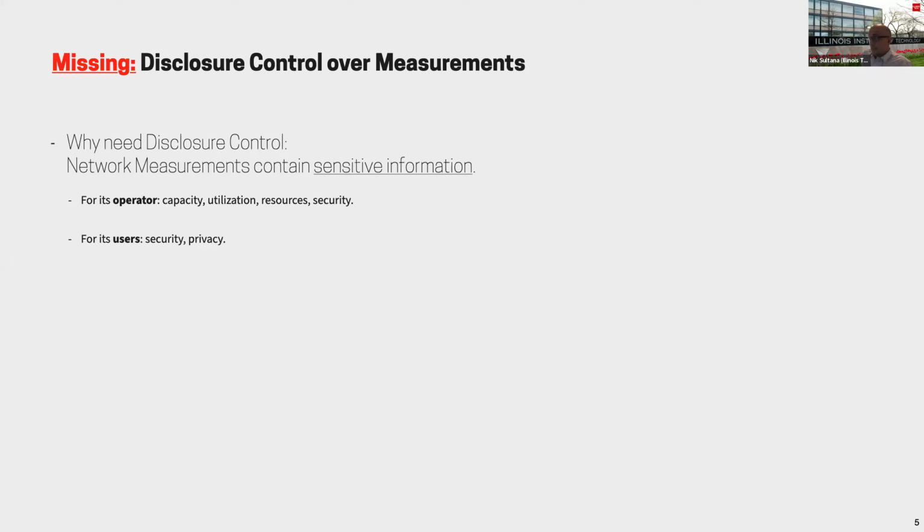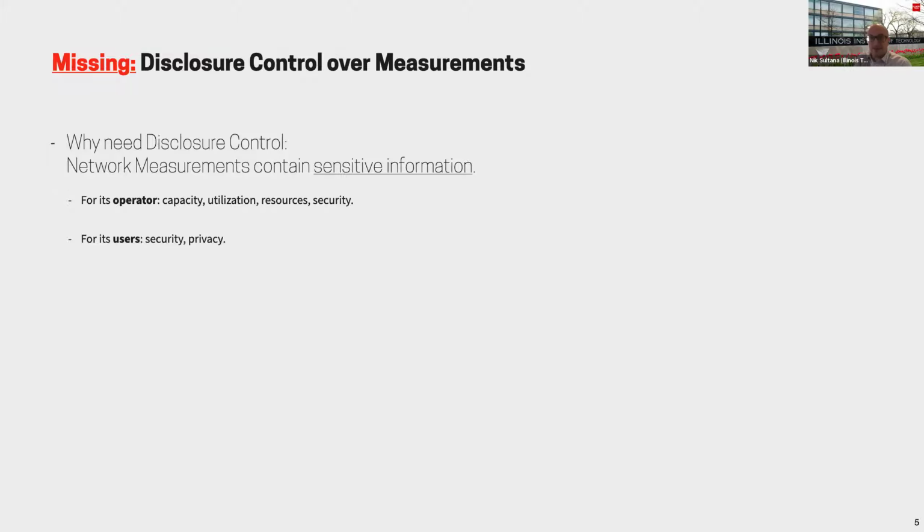So the key thing that's missing in all of this is specifically what is it in measurements that we allow to be disclosed, right? Since we can't express that, we can't really control for that. And I'll explain a bit more about what I mean by disclosure control. The reason we want to control disclosure is well understood by everyone at this point.